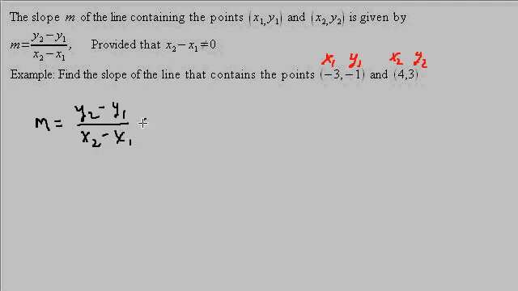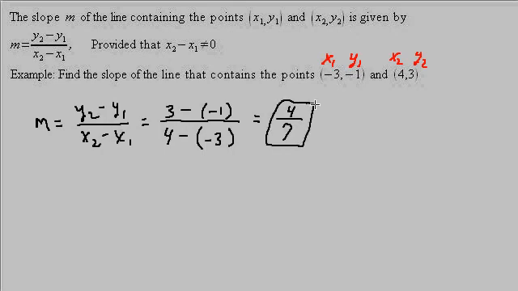So we have y2, which is 3, minus y1, which is -1, over x2, which is 4, minus x1, which is -3. So this gives me 3 minus -1 is 4, over 4 minus -3 is 7. And there's the slope of our line.